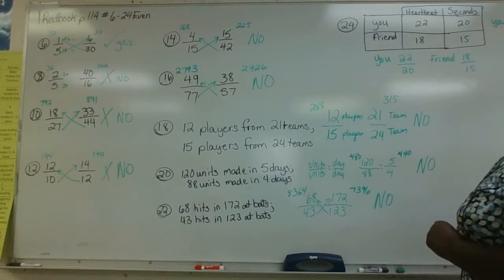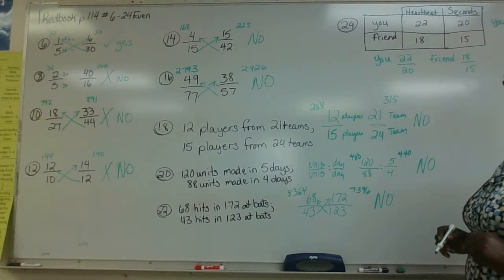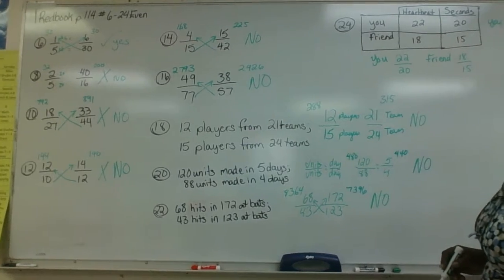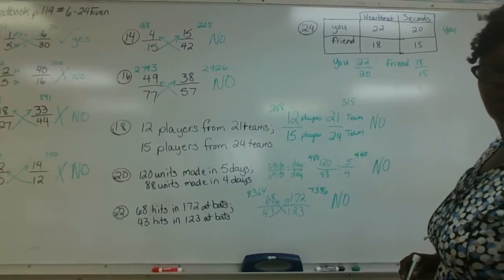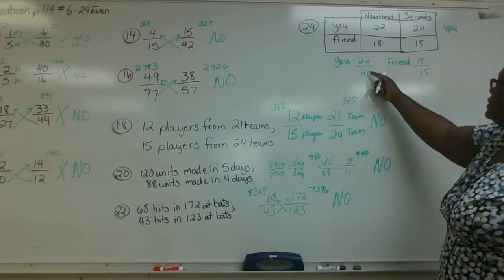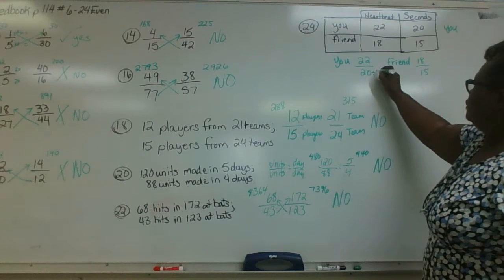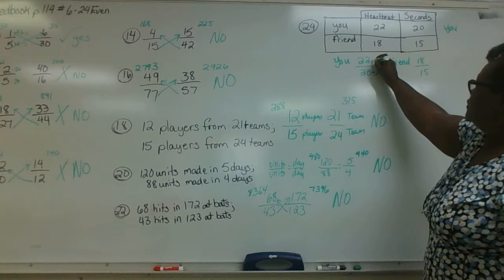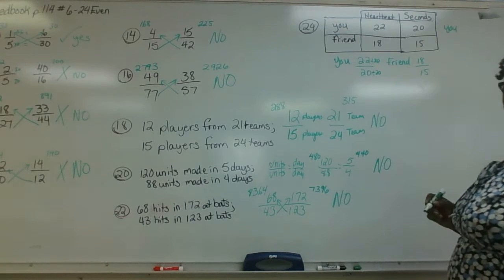So now, if we want to break this down to the unit rate, we're going to turn our camera here just a little bit. There we go. Then we would need to break this down to 1. And in order to do that, we must divide by 20 in this case, okay?